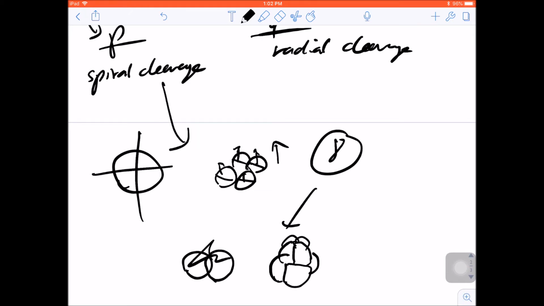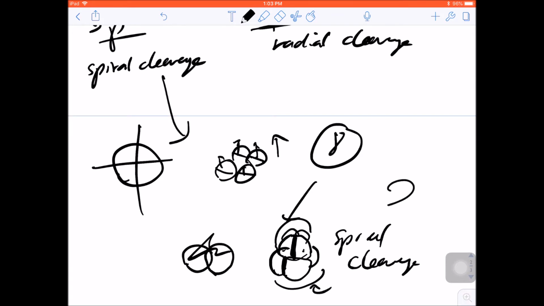Not bad. Okay, so you can see at the bottom right here, these are the original 4 cells, and these are the 4 new cells. But the cleavage between the split cells in the second layer and the first layer are offset, and that's what makes spiral cleavage. And so when they divide, they keep on dividing upwards like that in a rotation kind of fashion.